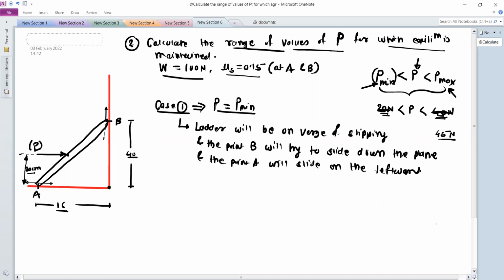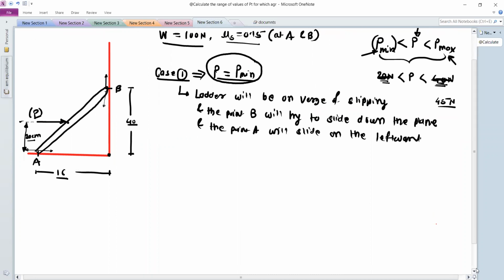So this is the impending motion when we consider the P value at its minimum. So for this condition, we will draw the free body diagram.